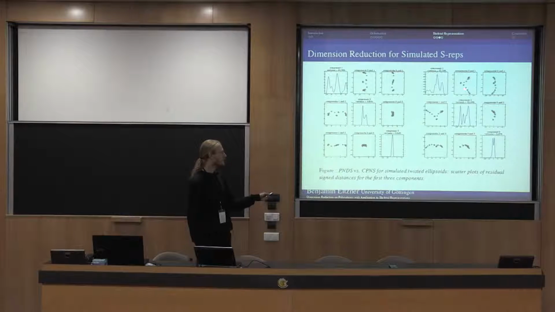On the right-hand side with CPNS, we see we get this V shape in the first two components, and we also have some variance left in the third component. And this V shape obviously really spreads over two dimensions.